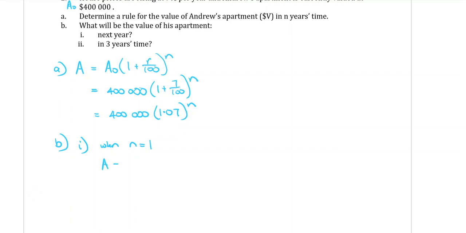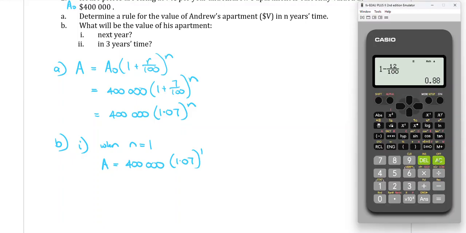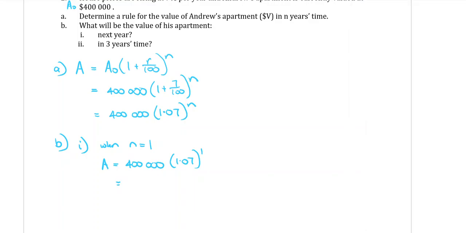That would give A equals 400,000, 1.07 to the power of 1. And you can type that in your calculator. 400,000 times 1.07 to the power of 1, which is $428,000 that the apartment is now worth.